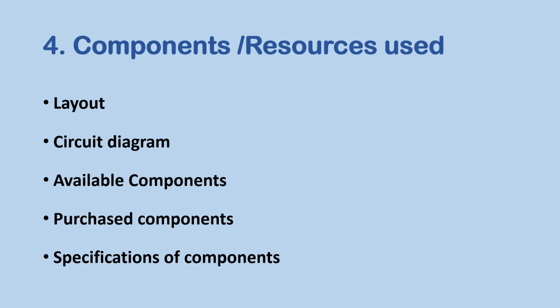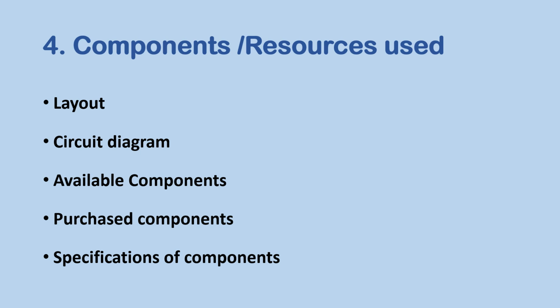The fourth point will be components or resources used. You need to explain the layout circuit diagram, and in that you need to explain the components used in your project. You may classify the components as available components and purchased components.